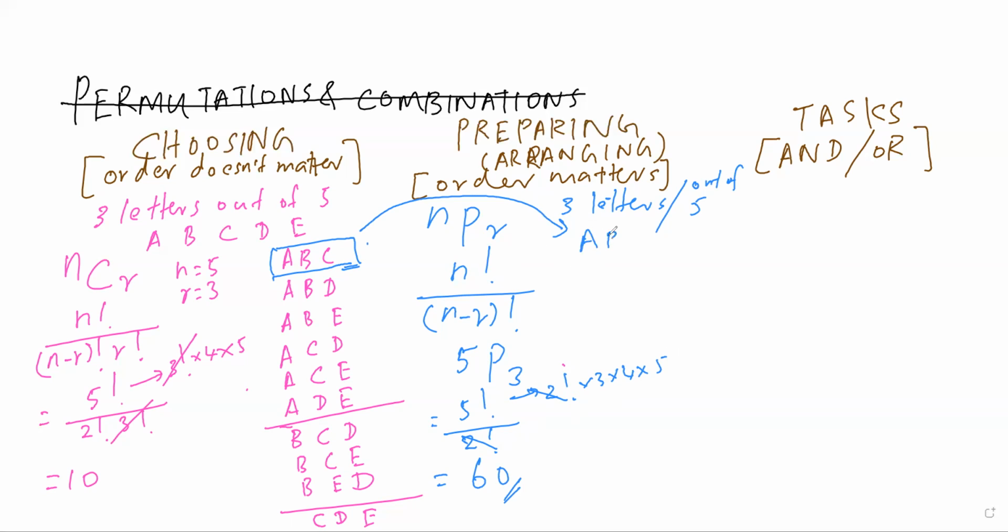It can be ABC, it can be ACB, it can be BAC, or BCA, or CAB and CBA. See that? The same thing, since the order matters, it can be written in 6 different ways.